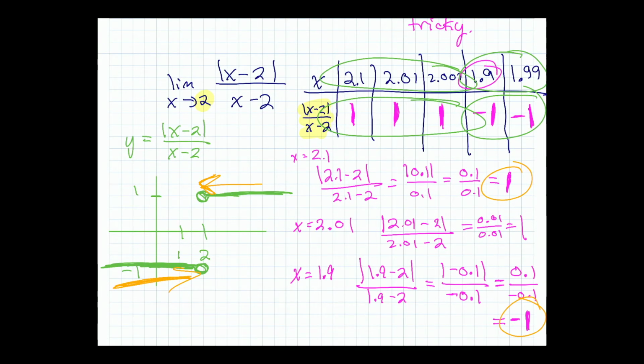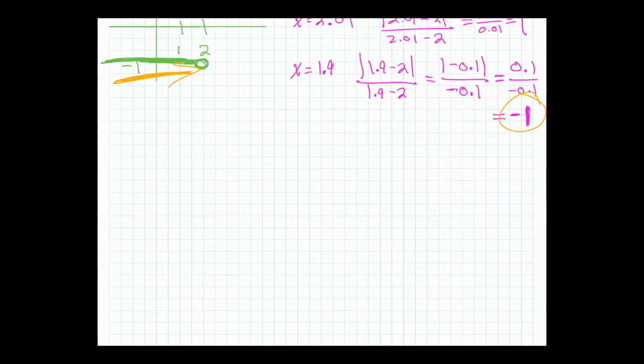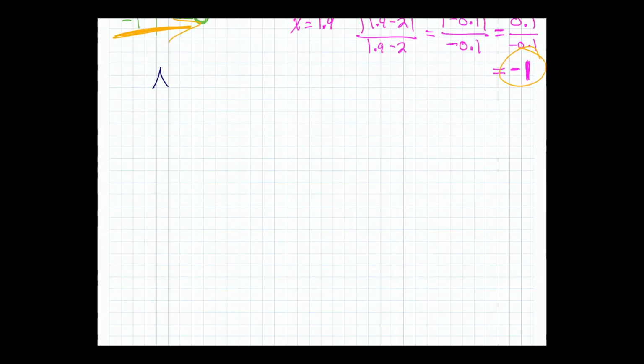So it's a lot of scribbling, but what's the punchline here? So here's our answer. The limit as x goes to 2 of the absolute value of x minus 2 over x minus 2 is, well, it's nothing. It does not exist.